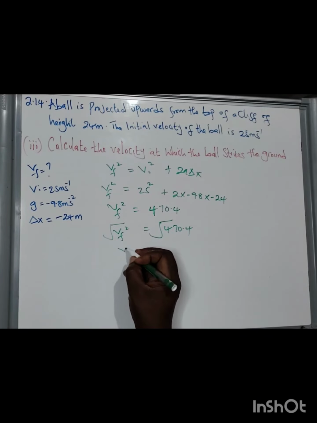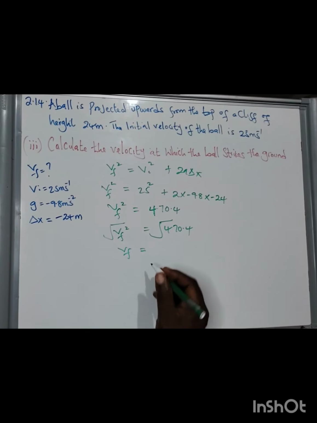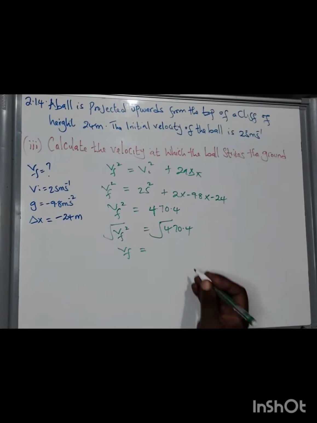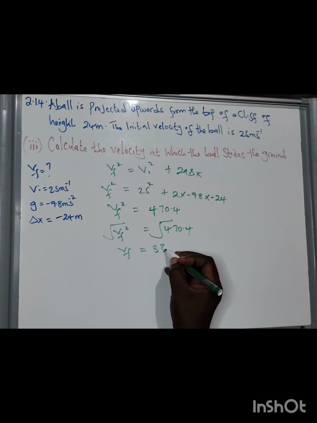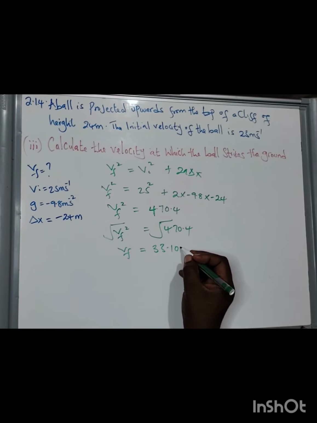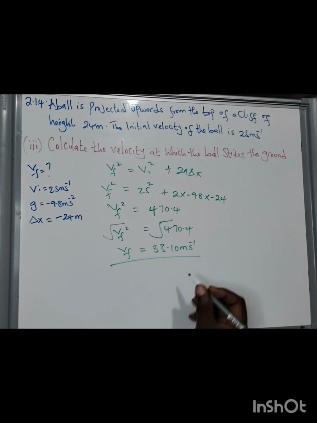We're going to get Vf equals 33.10 meters per second. So that is the velocity at which the ball strikes the ground.